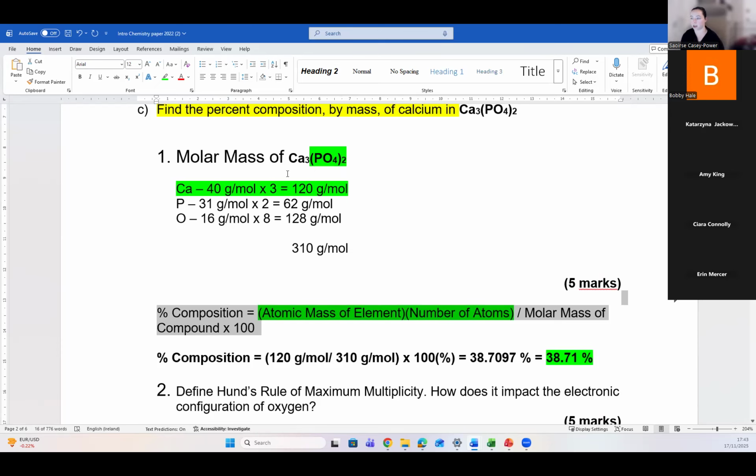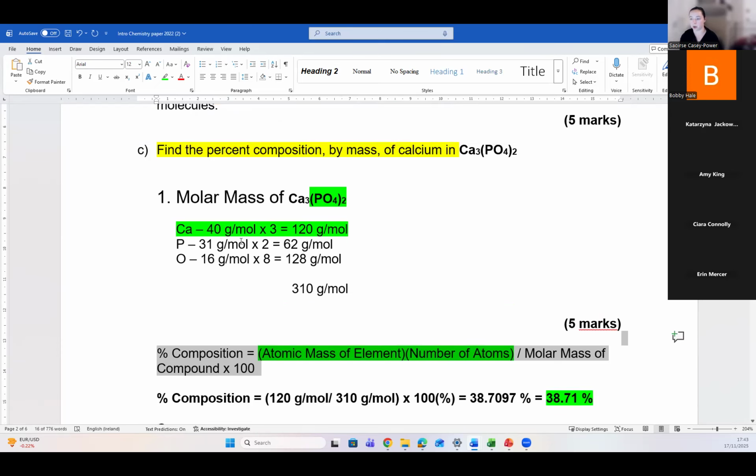What I will mention here as well is that, as I was going along, you'll see that I included all the SI units in the calculation itself. It's really important that if you're calculating something, you include the SI units all the way along. You'll see grams per mole mentioned here and in the calculations up here.